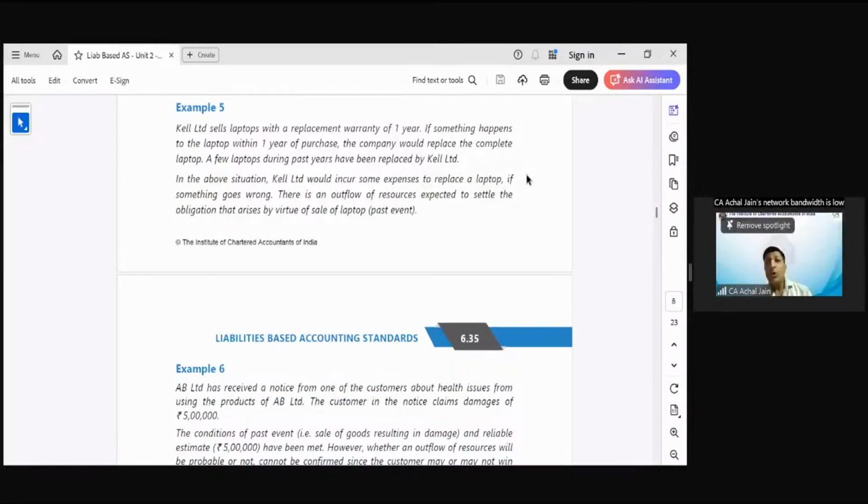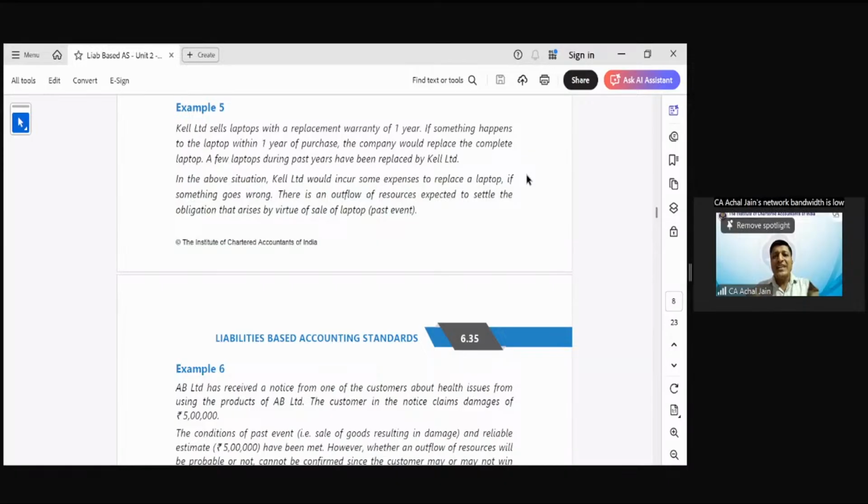Okay, so now there are three features that we are discussing. One, there is a past event which has taken place. That was sale of laptop. That is what you call a past event. Now, because of the past event, a present obligation has arisen, or you can say an obligation may arise in future, which may result in outflow of resources.